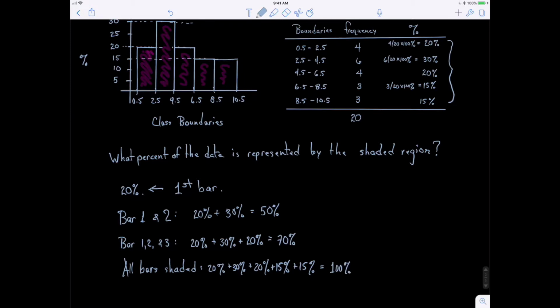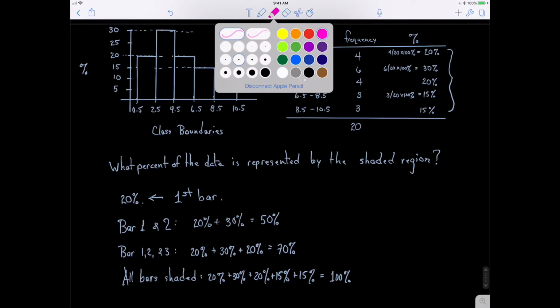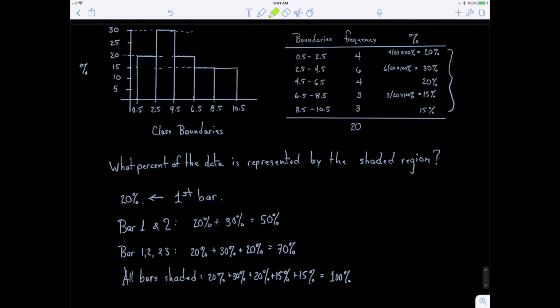Now, let's see what else we can do with this. I'm going to erase my shading here, and let's try another one. Let's try maybe some light green. What if I just shaded this last bar? Actually, let's shade the last two bars.